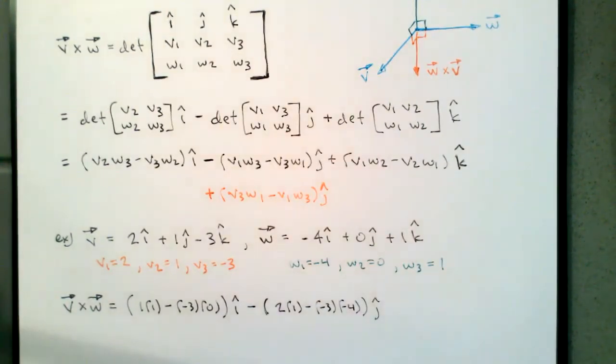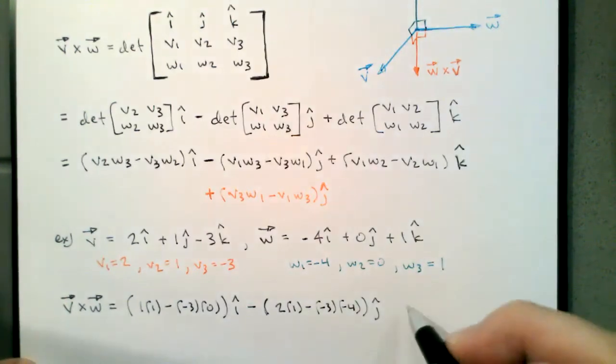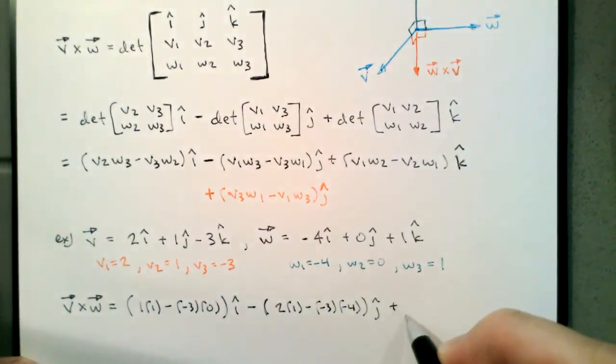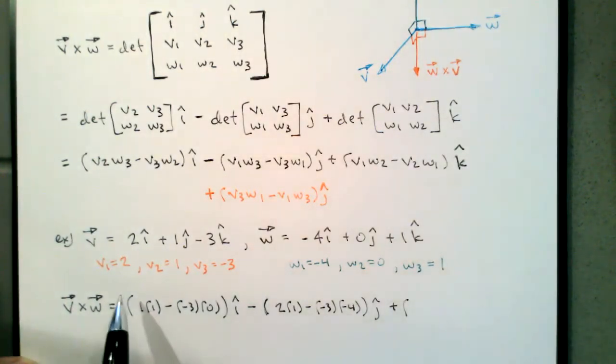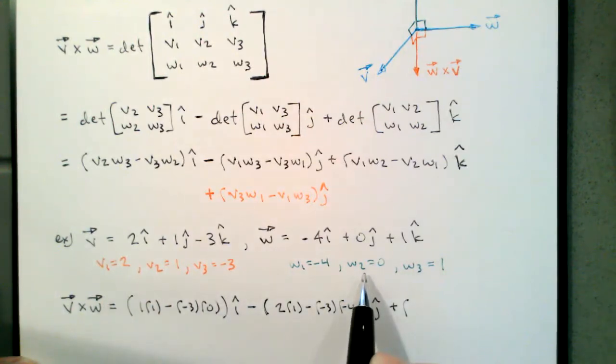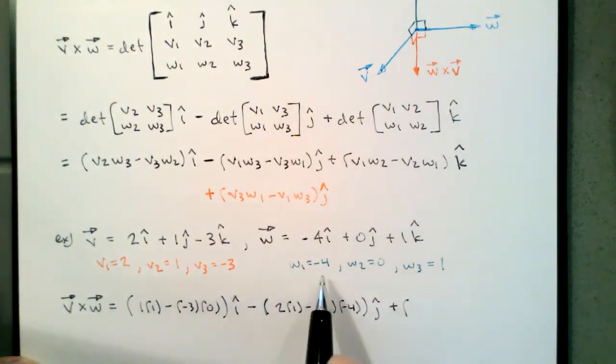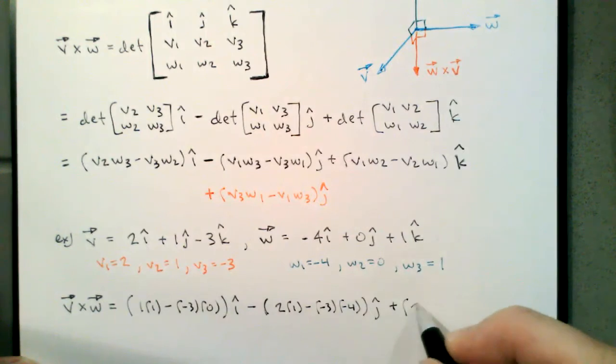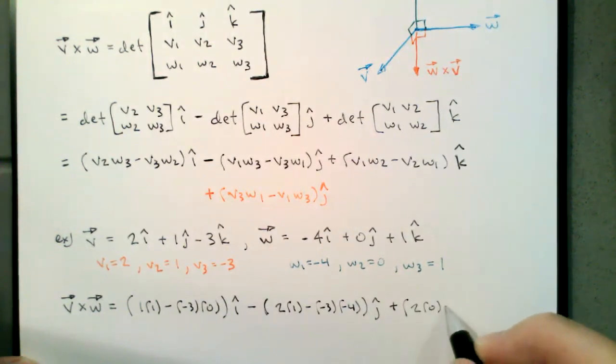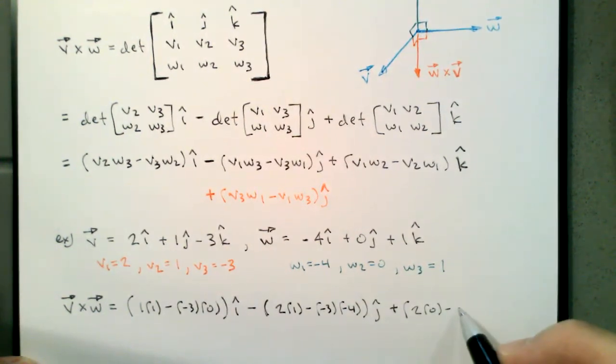And whatever I get from that calculation, I'm just going to make it negative. And then finally, k is a 3, so I'll have 1, 2, 2, 1. So I'll have 2 times 0 minus 1 times negative 4.